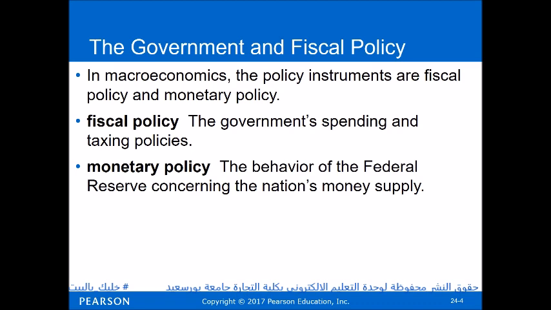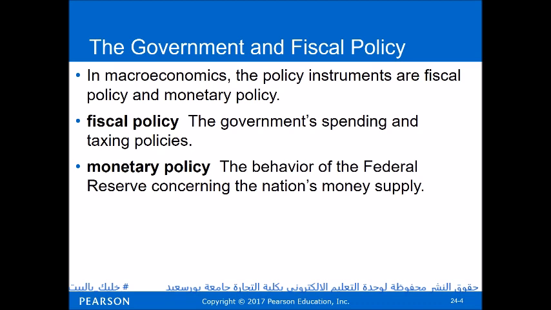First, fiscal policy. This is the government spending and taxing policies, policies relating to purchases made by the government and taxes levied by the government.